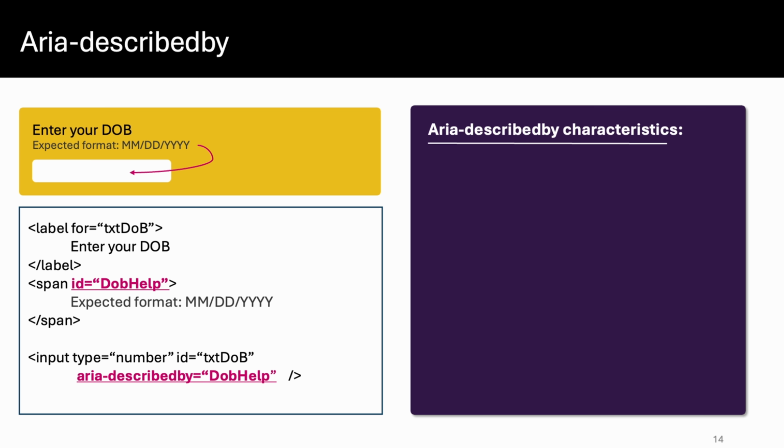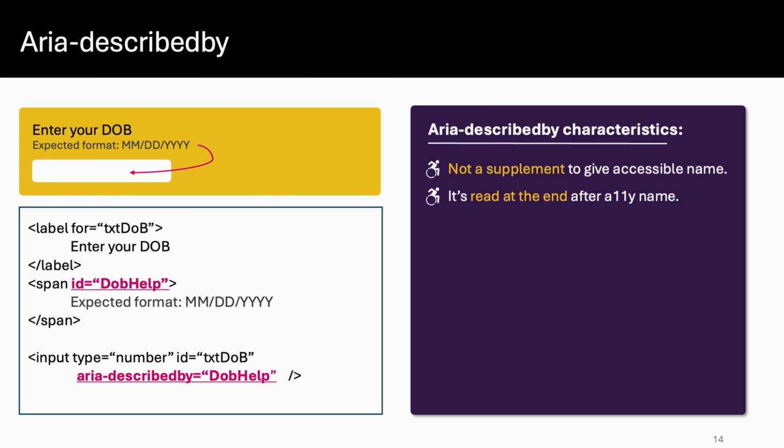Now let's quickly look at the characteristics. Aria-describedby is not a substitute for an accessible name. For accessible name, we must use aria-label or aria-labelledby. Use the aria-describedby attribute for format requirements, error explanations, and any additional instructions. The reading order for aria-describedby matters.